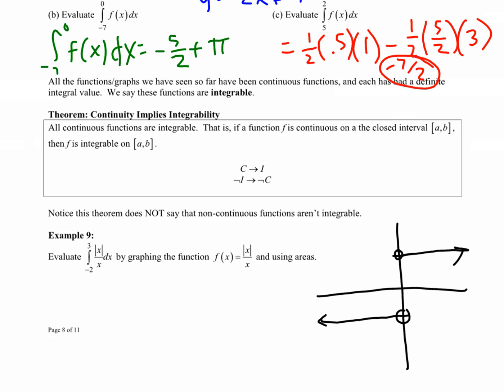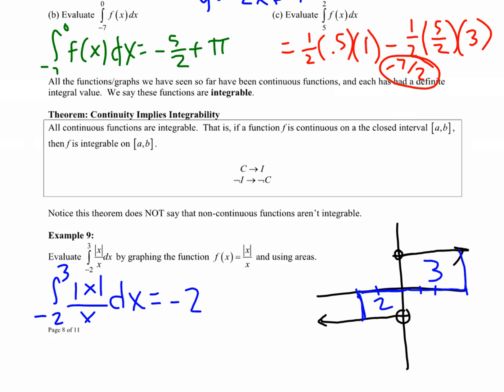So we're going from negative 2 all the way to 3. The area of this would be 2 times 1. The area of this would be 3 times 1. So this integral is going to be equal to negative 2 plus 3. That would be 1.